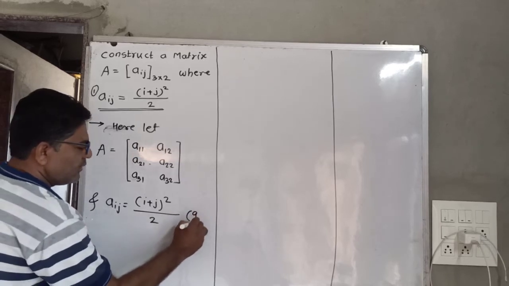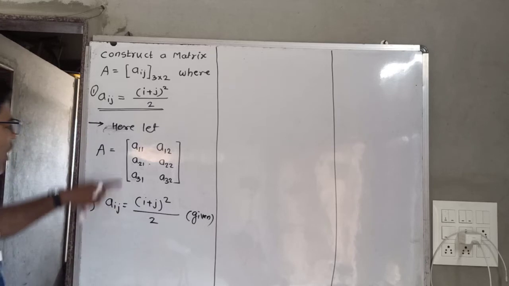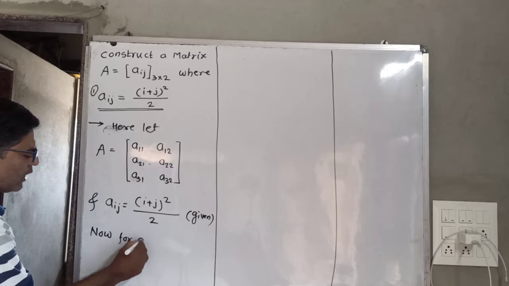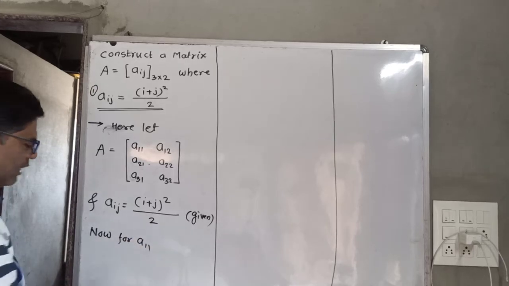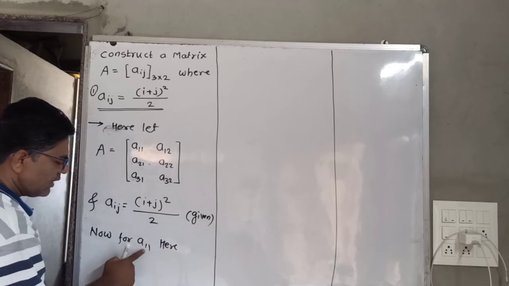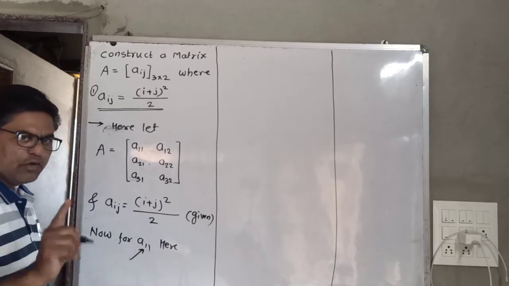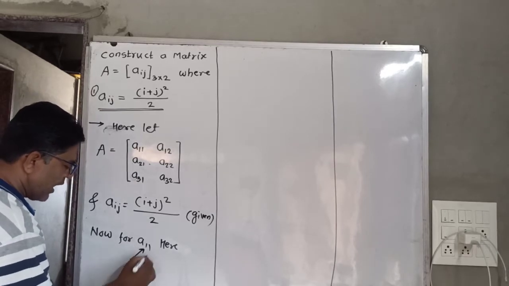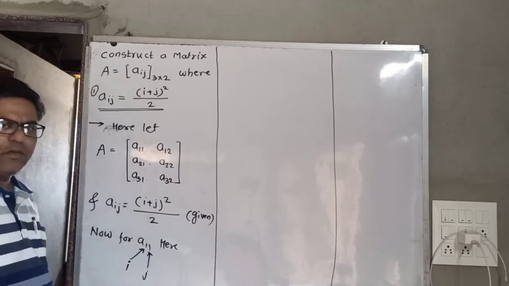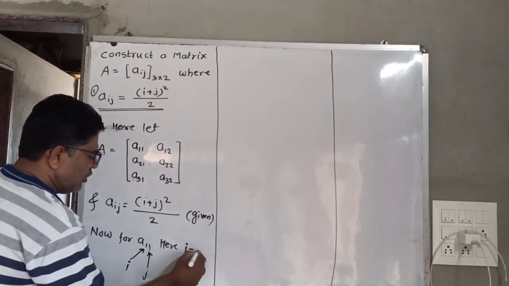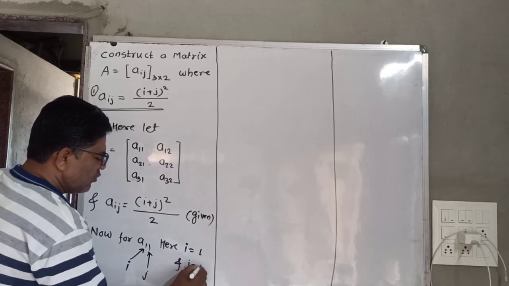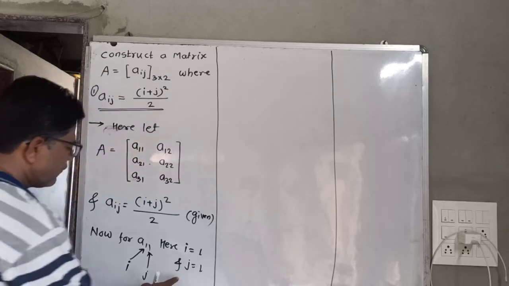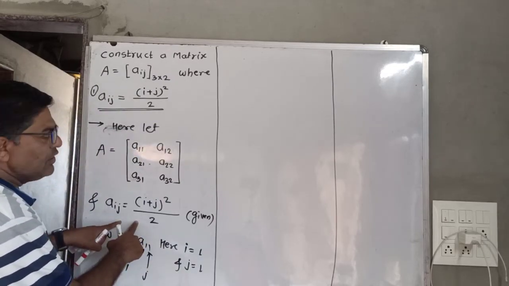Therefore for the first element, a11, this is an arrow for you, don't write it in the exam. The first 1 is the value of i and this one is the value of j. Therefore here i equal to 1 and j equal to 1. Just put these values in the given condition.